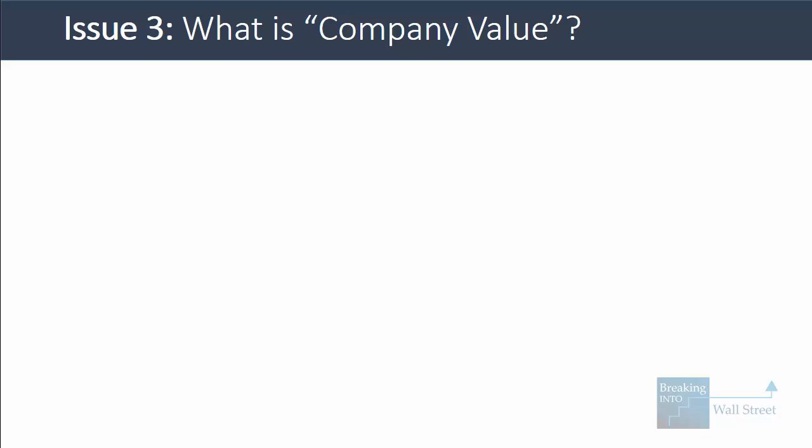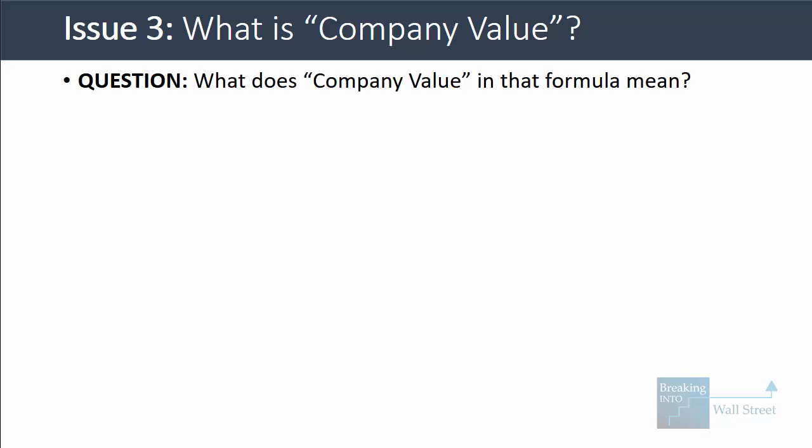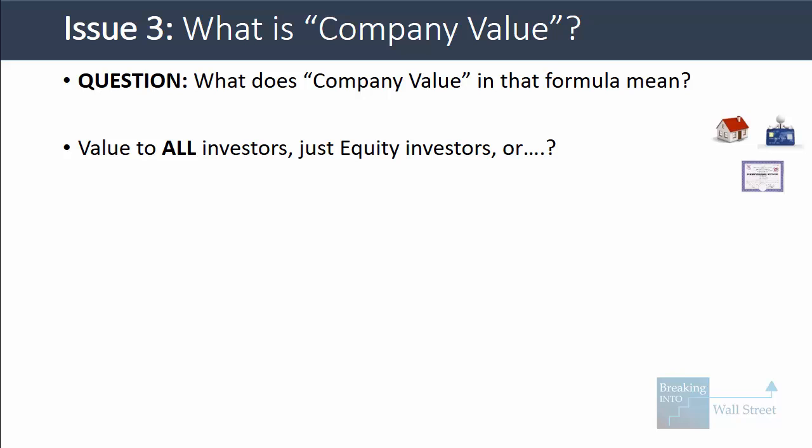The third issue here is what company value means. We've repeatedly used company value in our all-important formula, but we haven't really explained what it means. Are we talking about the company's value to all the investors, debt and equity, and possibly other types of investors like preferred stock investors, convertible bond investors, even parties that hold leases with the company, for example?